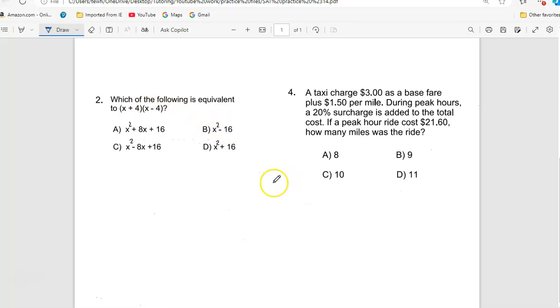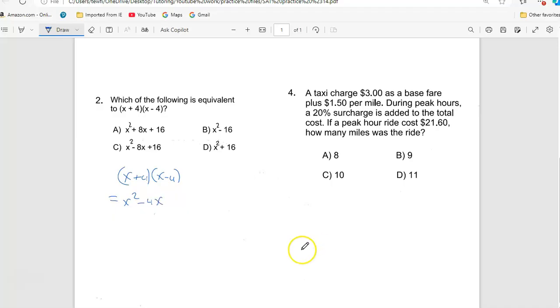If you don't remember the pattern, just use the FOIL. So you're going to see the outer and inner are going to cancel each other. So you have x plus 4 multiplied by x minus 4. If you use the FOIL, what is x times x? X squared. That is the first. What is the outer? x times negative 4 is negative 4x.